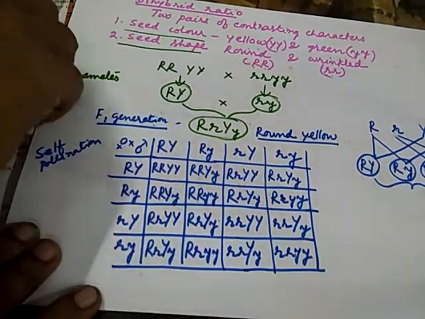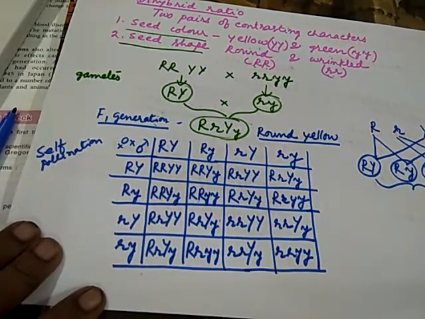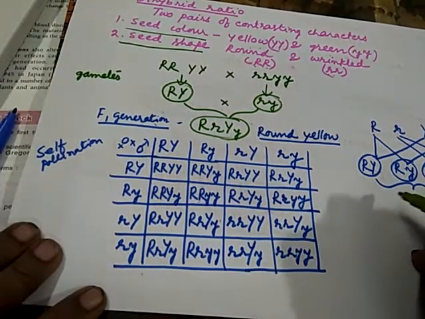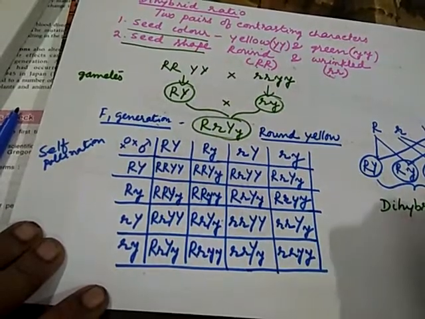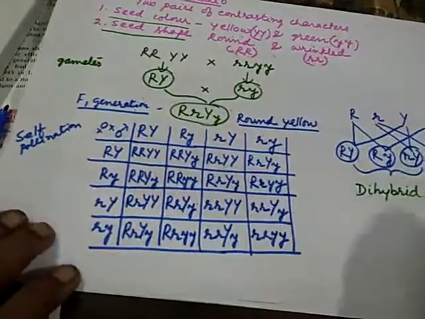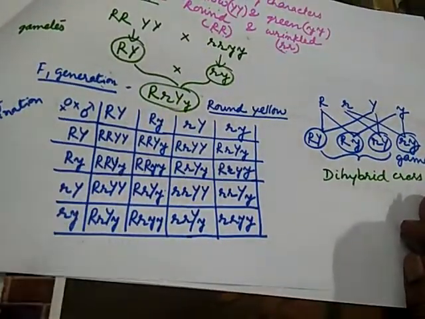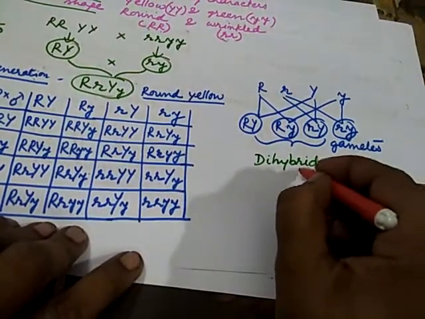Then we take the results of the round and yellow, that is the dihybrid cross.